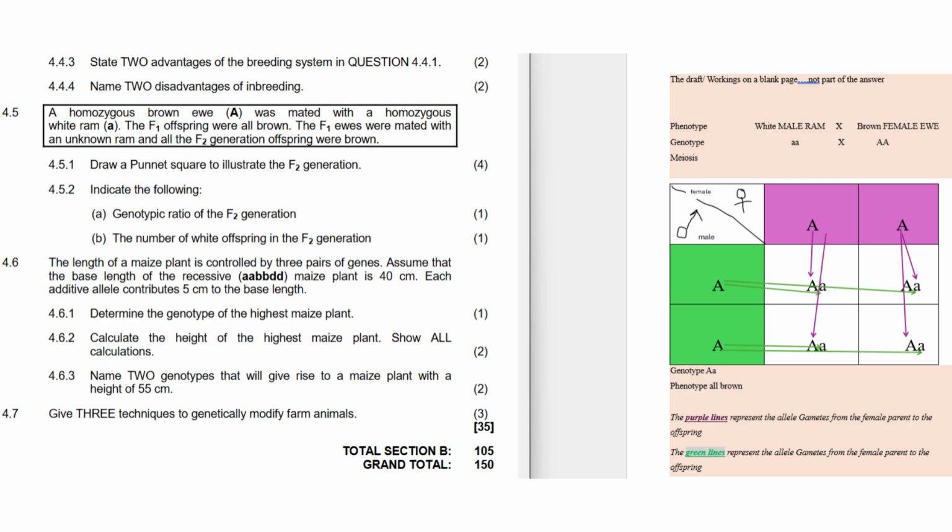If you don't understand how we got the heterozygous condition, we are going to do the crossing for the first filial generation on a separate page, because it's not part of your answer. They want the second filial generation. So let's do it.